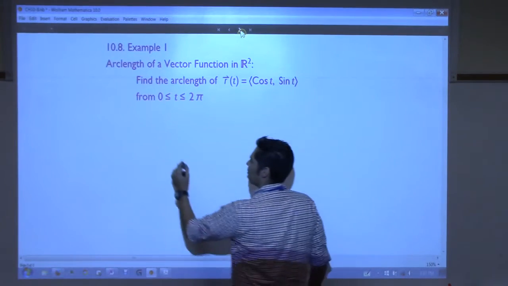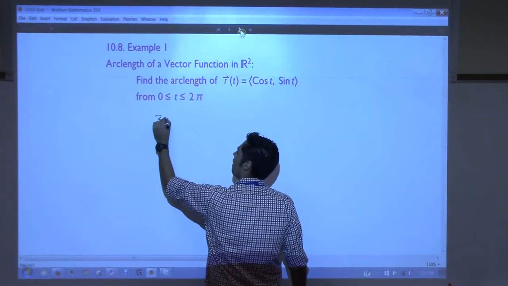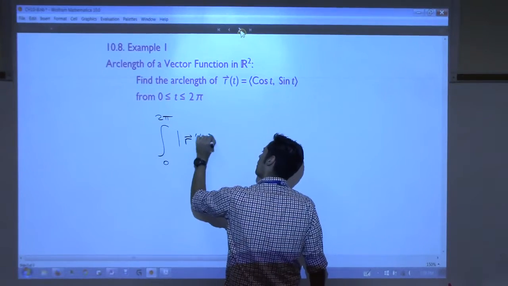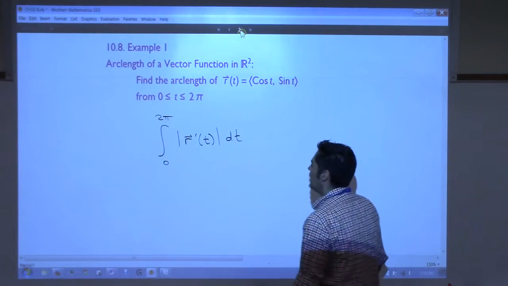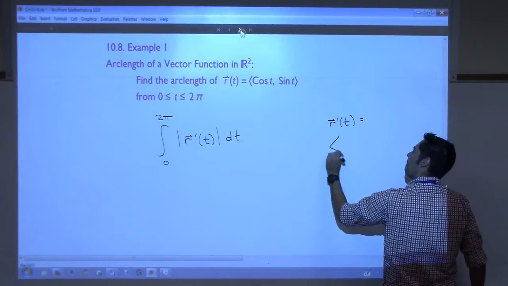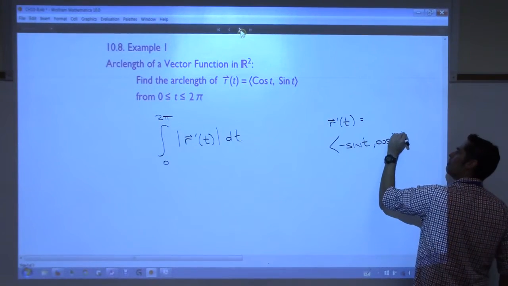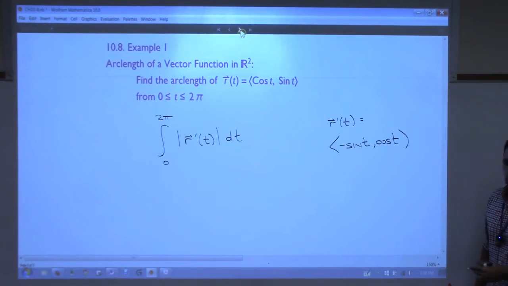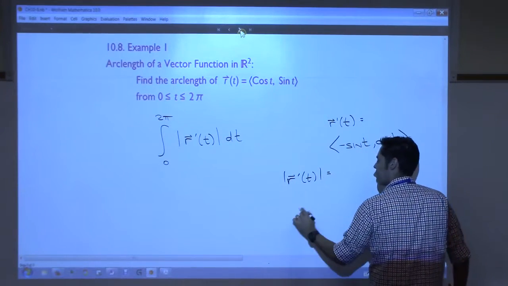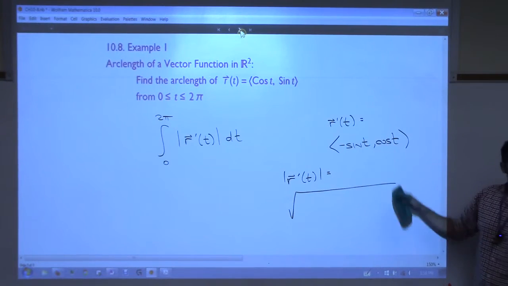So according to what I said, we need to do the integral from where to where? 0 to 2 pi of the magnitude of the derivative of this vector function. Well, let's do that work on the side. What's the derivative? Negative sine t, cosine t, right? What's its magnitude? Square root of, how do you find the magnitude of a vector? Square root of each component squared.